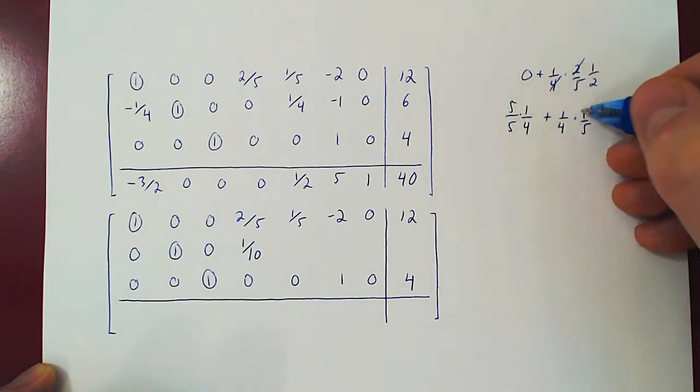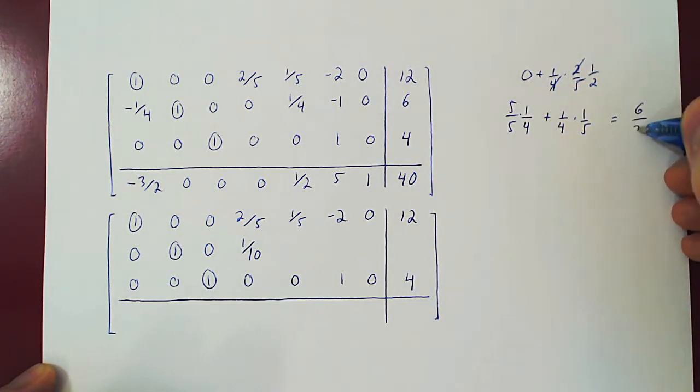So you get 5 plus 1, 6 over 20, common factor of 2, which gives you 3/10.